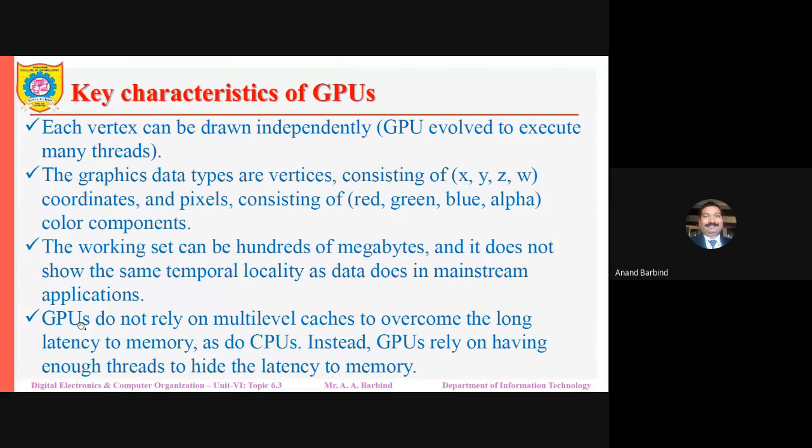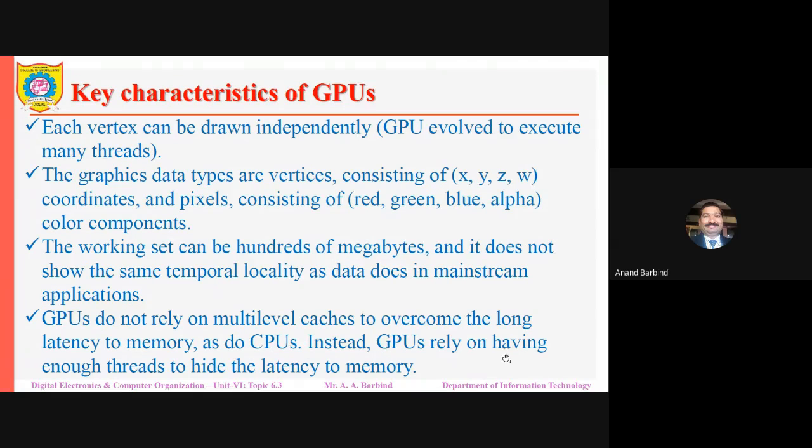So GPUs do not rely on multi-level caches as the CPUs do. If multi-level caches are used, there will be delays and latencies, because you need to copy from one level to another level, and so on. So GPUs do not use multiple levels of caches.